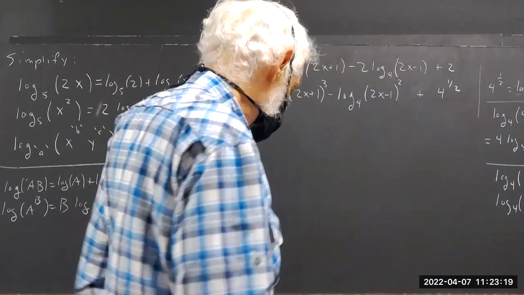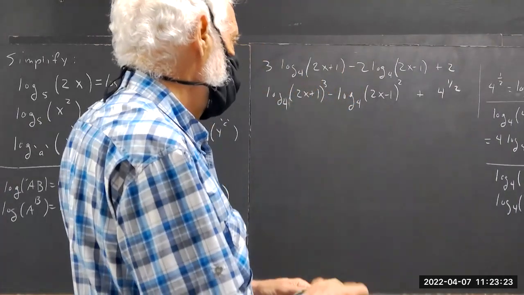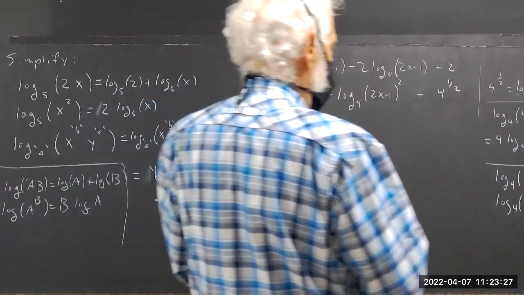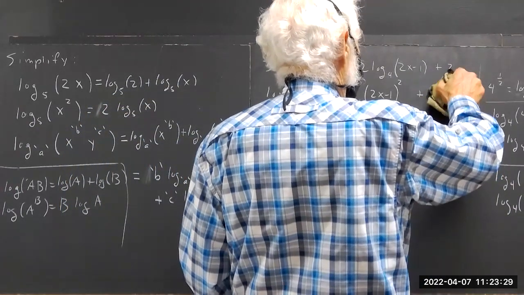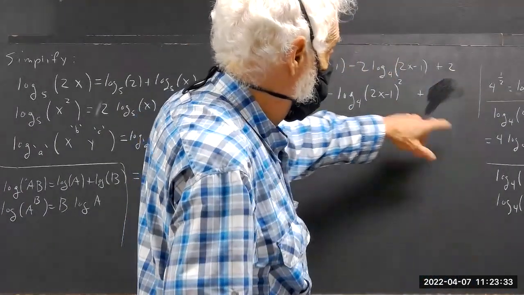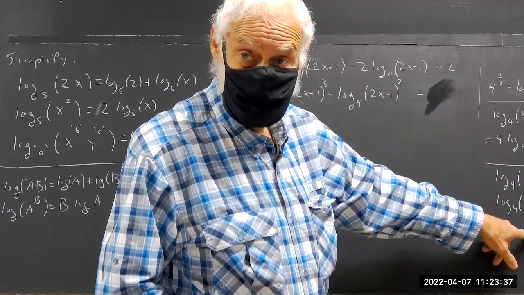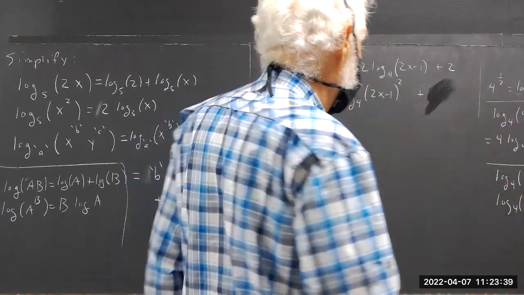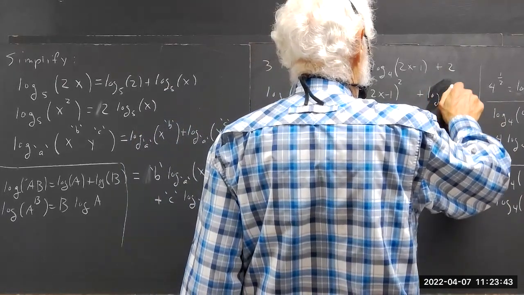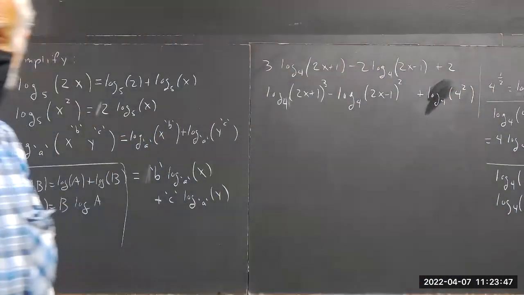Got a number here. I wrote that as 4 to the 1/2. And 4 to the 1/2 is 2, of course, and there are ways to get around that, but I guess you just want to see this simple connection, right? So 2 is log base 4 of 4 to the 1/2.